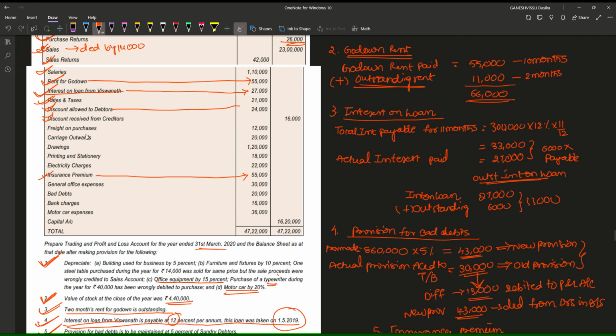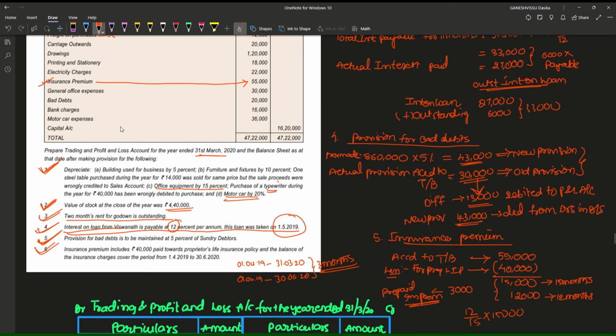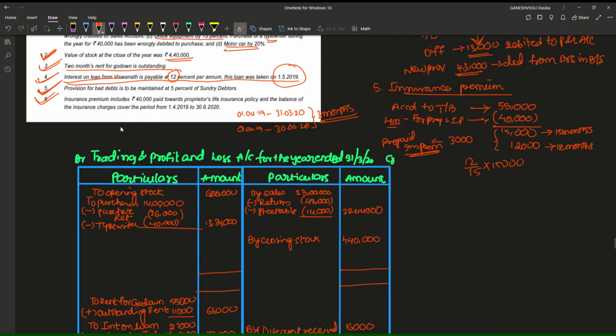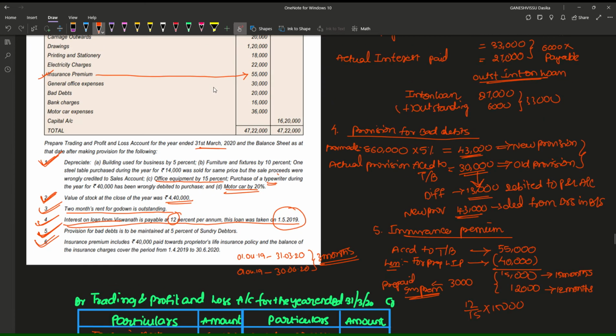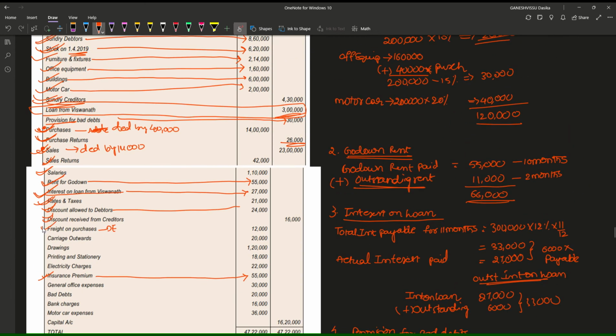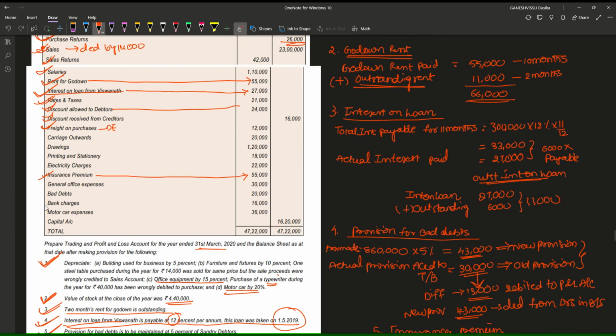Freight on purchases, this is direct expenditure. To freight on purchase, this is 12,000 rupees. We have completed this one also. And now comes carriage outwards. If it is inwards, then we would have written it in the trading account.